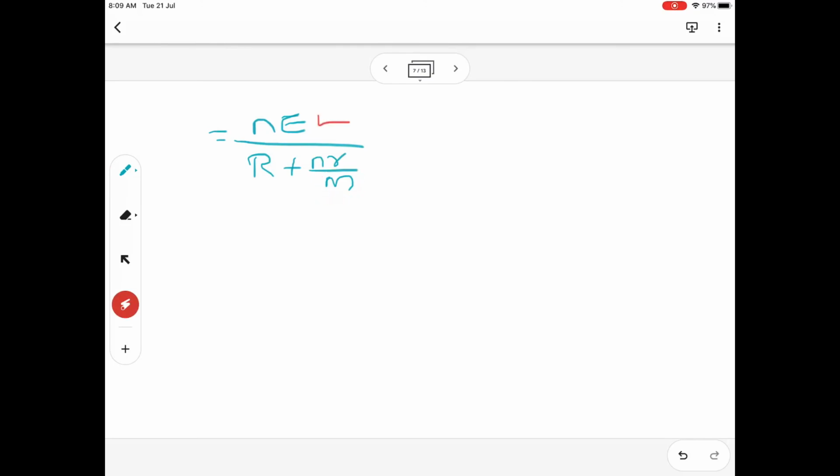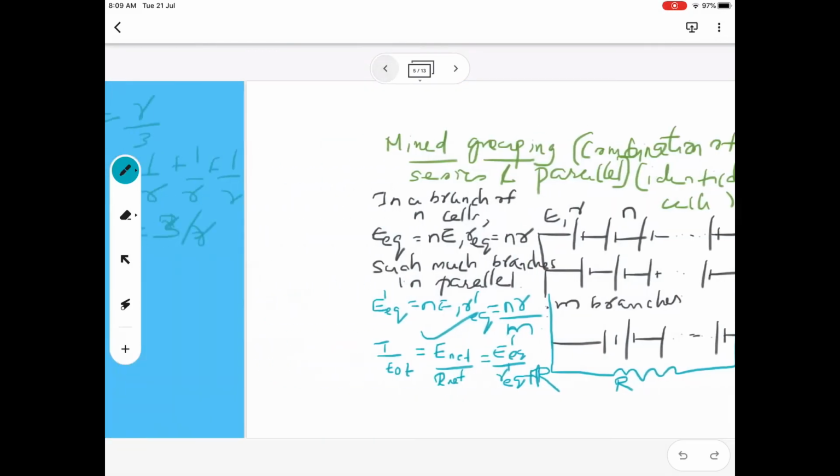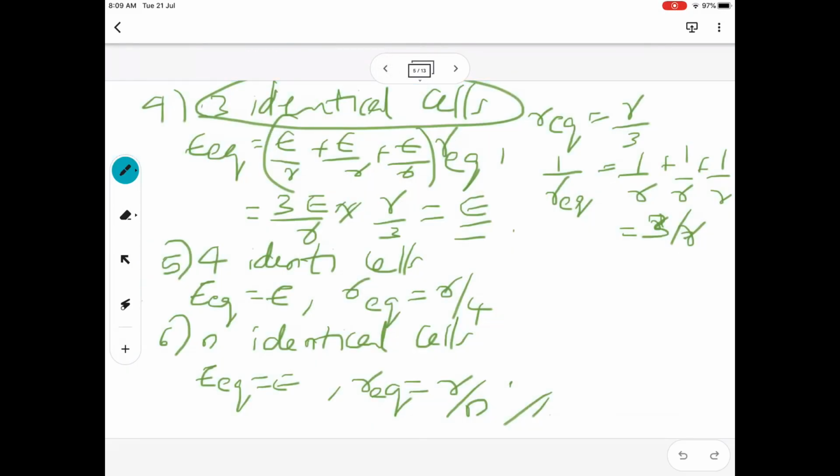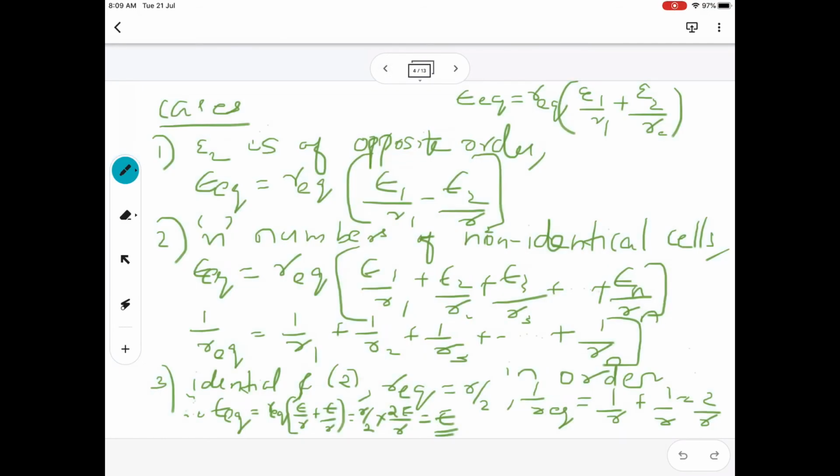So we divide total voltage by total resistance to decide total current. When you reduce the equation, it is of the form mnE divided by mR plus n r. Here again you can see the cases of what if capital R is 0, what if small r is 0. Keep the equations ready for currents under those conditions.